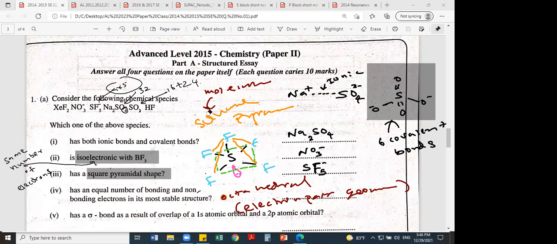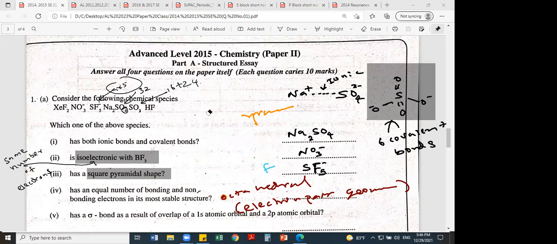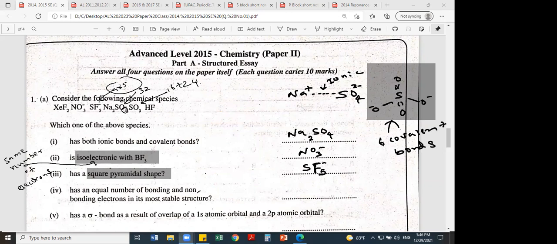Right. Then part 4, I'll erase this. Part 4, what is the answer? Has an equal number of bonding and non-bonding electrons in the most stable structure. Equal bonding and non-bonding electrons. Which one?